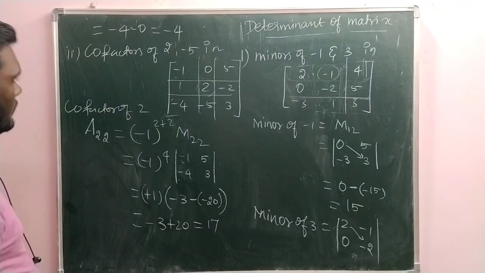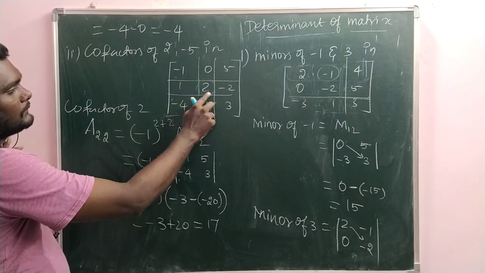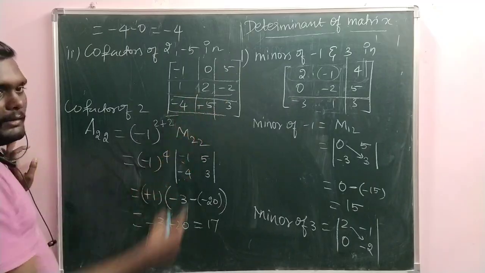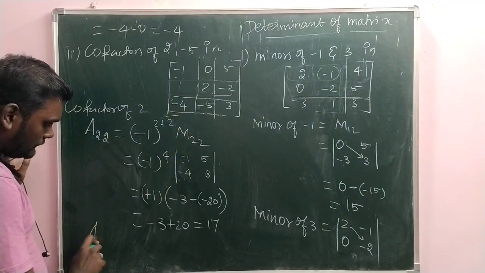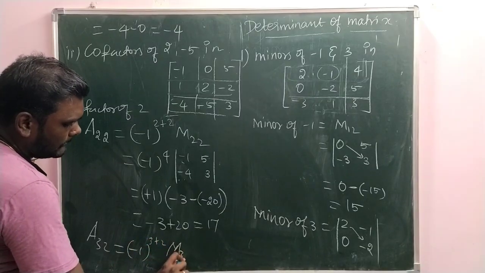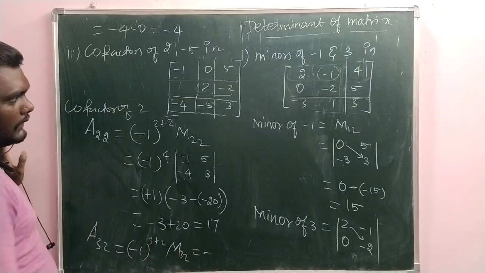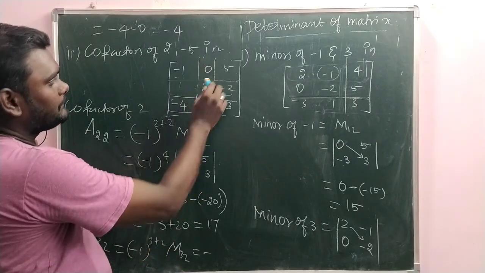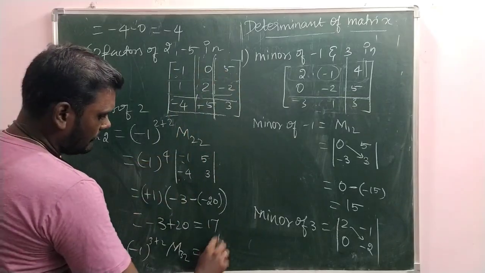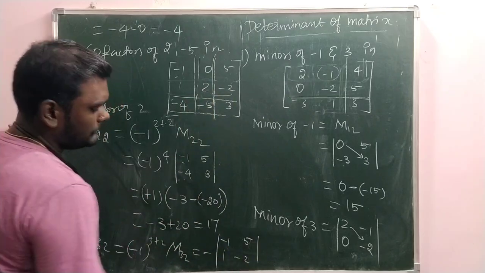And what about cofactor of -5? We get -5 in here, so we should be leaving this row and column. This is at which place? A32. A32 is (-1) power (3 plus 2) M32. So this is (-1) power 5, which is minus, and leaving the row and the column, we should be writing -1, 5 and 1, -2.